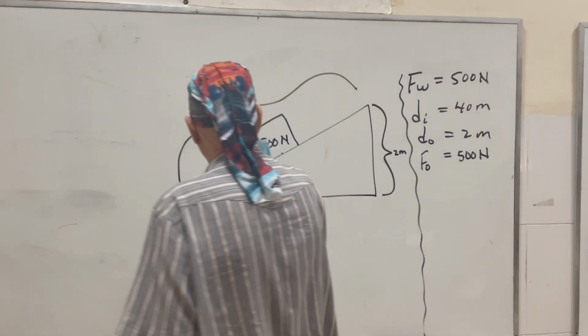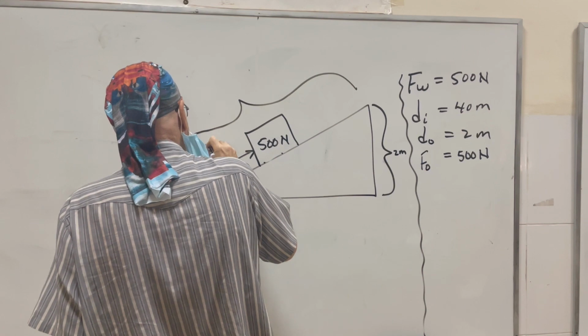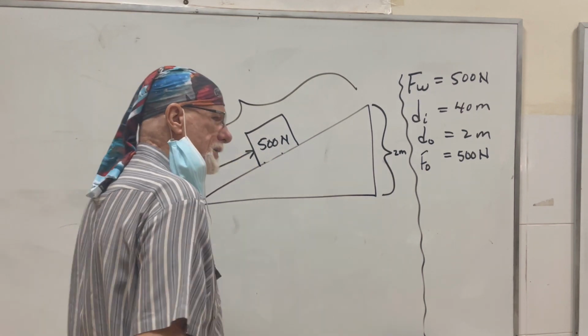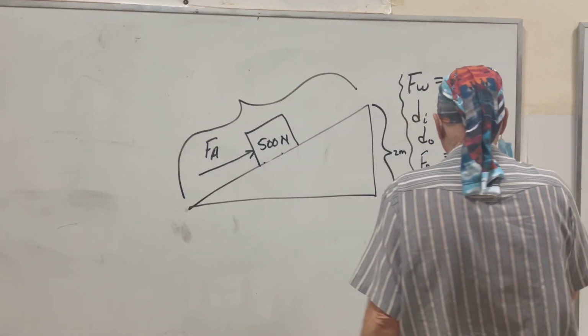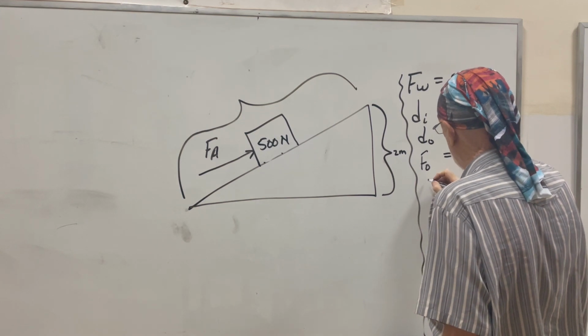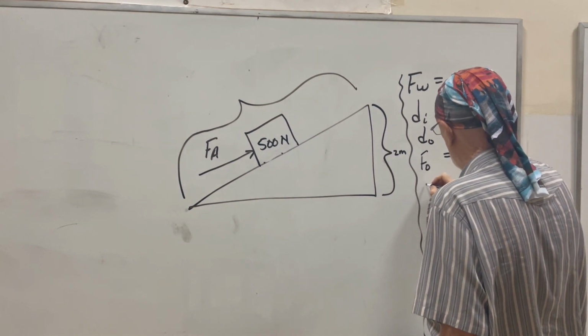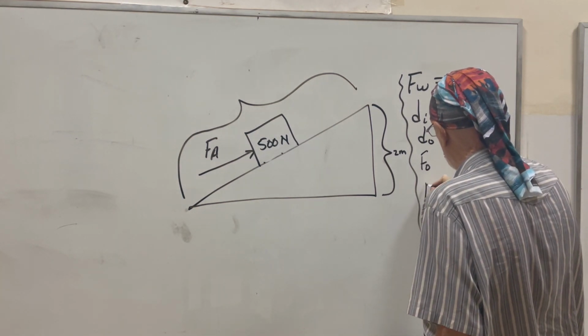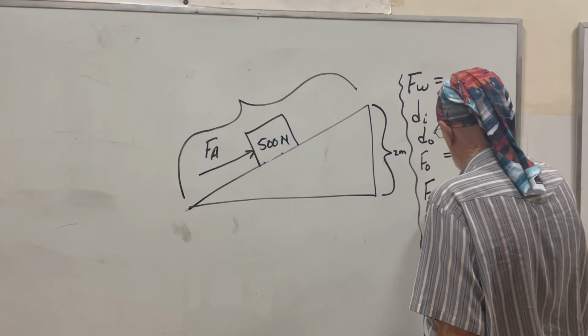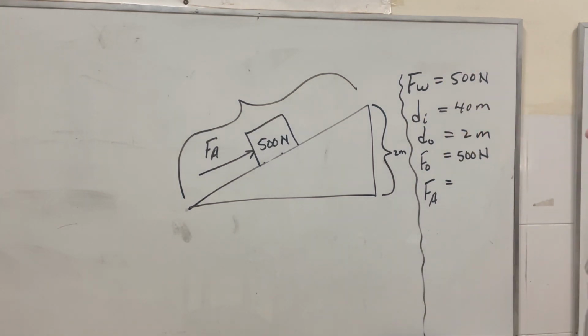I'm going to apply, my force that I'm applying is going to be, let's say, I don't know, my applied force is going to be, do you have a calculator? Quick. Let me make something up quickly. Make it look halfway intelligent.